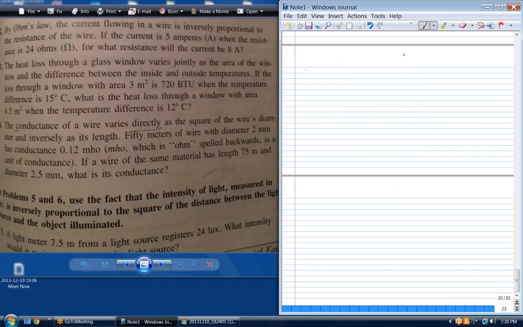All right, the next one. Number 3, the heat loss through a glass window varies jointly.